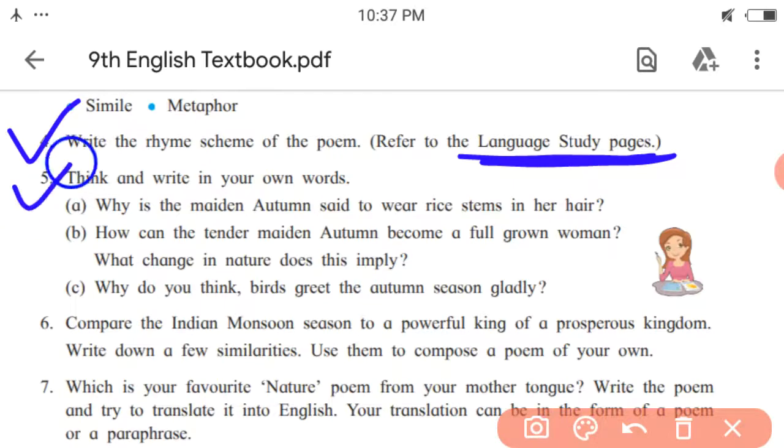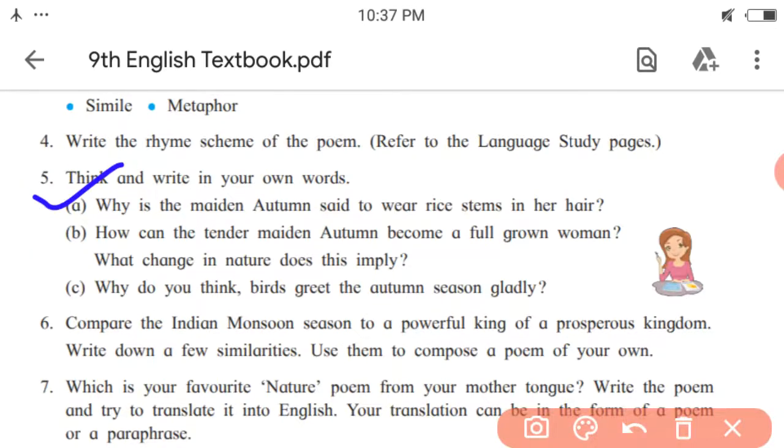Next one, think and write in your own words. Here each answer requires a minimum of 3 lines. First question in it, why is the maiden autumn said to wear rice stems in her hair?